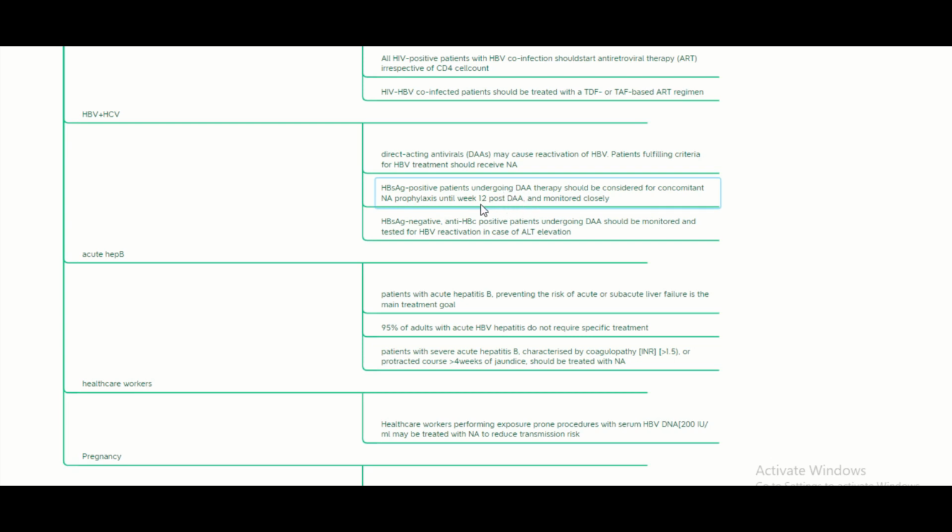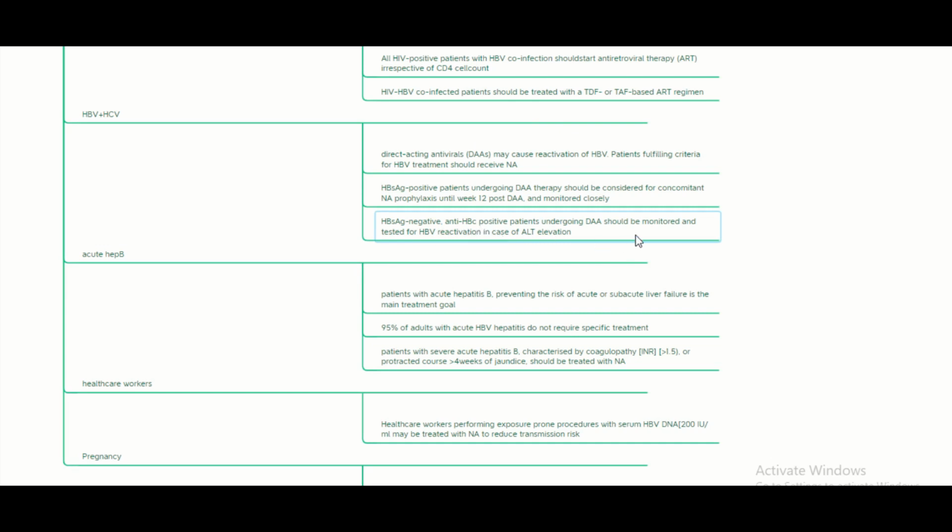If the patient is HBs antigen positive and is on DAA therapy, the patient should start NA prophylaxis at the same time as DAA, and we finish the NAs 12 weeks after discontinuing the ribavirin or the other direct antiviral agents, and the patient should be monitored closely.